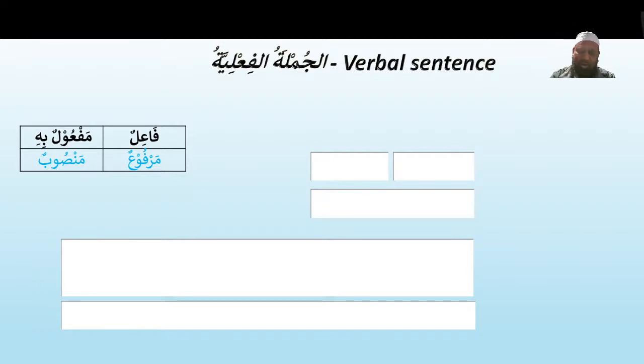So we'll have only fa'il and maf'ulun bihi. So we need to find the hidden fa'il, because we've learned right at the beginning of al-jumlatul fi'liyatu that every fi'l must have a fa'il, and the fa'il always comes after the fi'l.